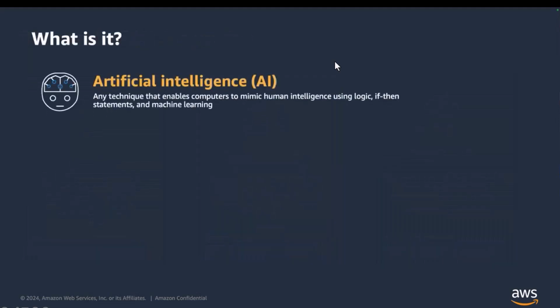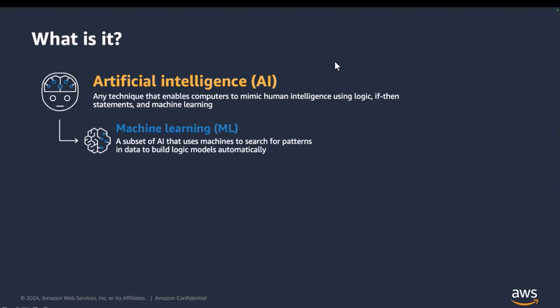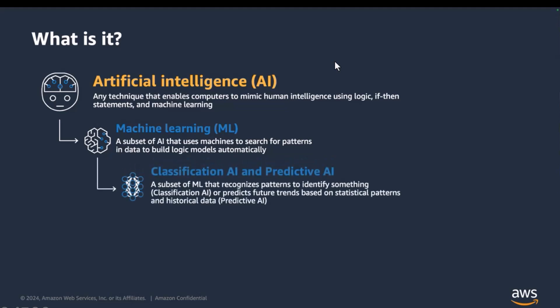So all in all, artificial intelligence itself is really any technique that can enable a computer to mimic human intelligence. So that's kind of a broad area. But then a subset of that area can be machine learning. And we'll talk about quite a few ways that you can add machine learning capabilities to your applications.